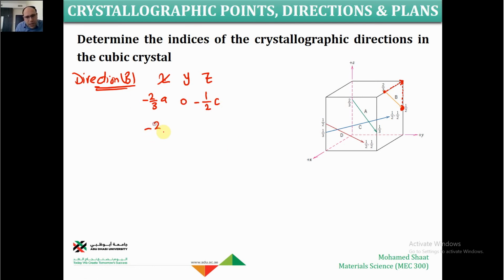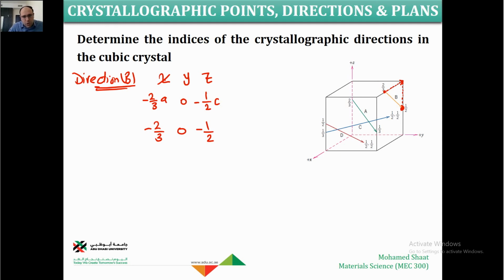So we end up with negative 2 over 3, 0, and negative 1 over 2. Make sense? Then your objective is just to choose a number that when it is multiplied times these three indices, you should end up with all of them being integers. And it should be the smallest integer value.